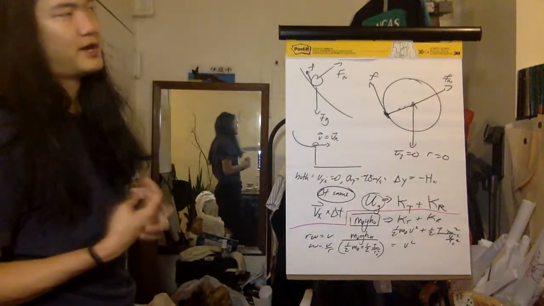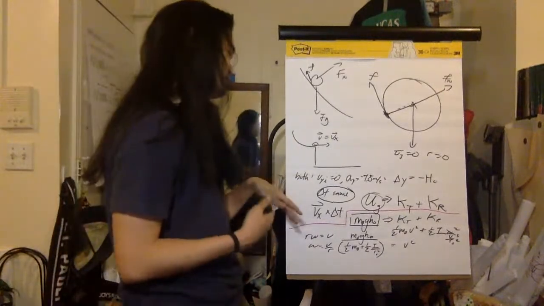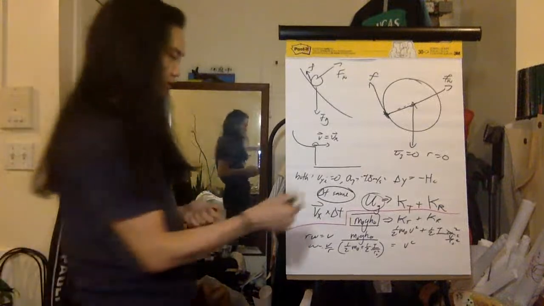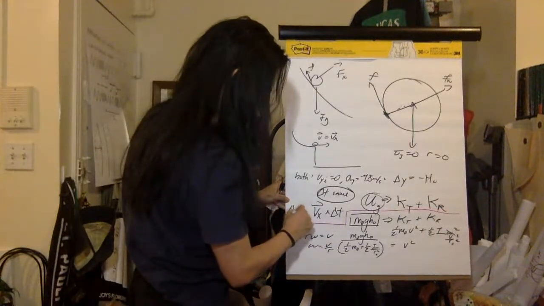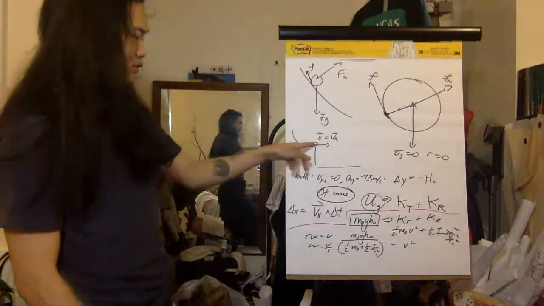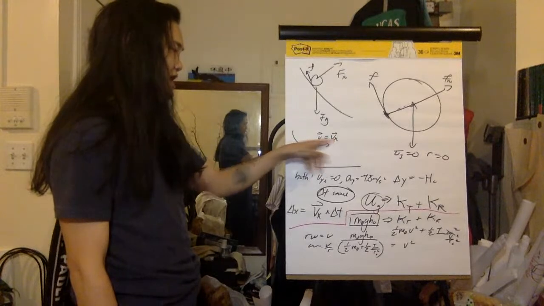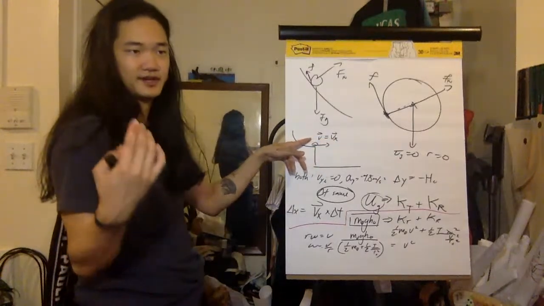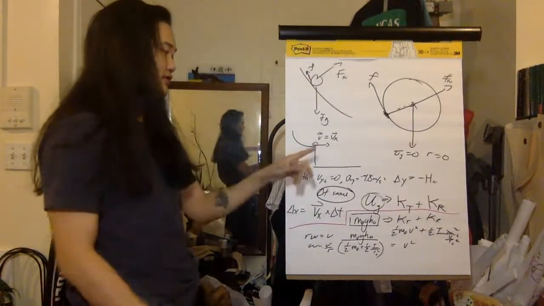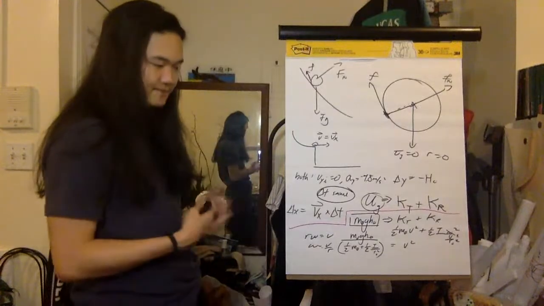And if I model my horizontal displacement as just horizontal velocity times the time, because the times are the same, the object with the greater horizontal displacement is the object with the greater horizontal velocity. At the point of release, the horizontal velocity is just the resultant velocity because there's 0 y velocity. So the object with the greater velocity, which is just the speed, is going to travel farther.